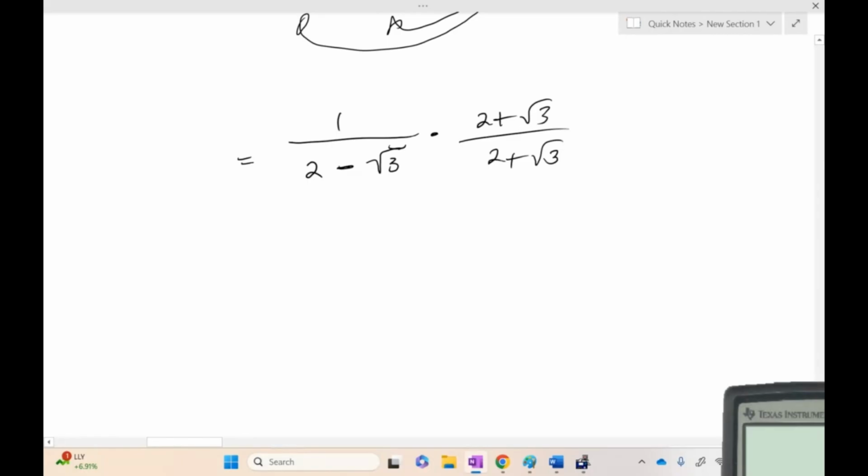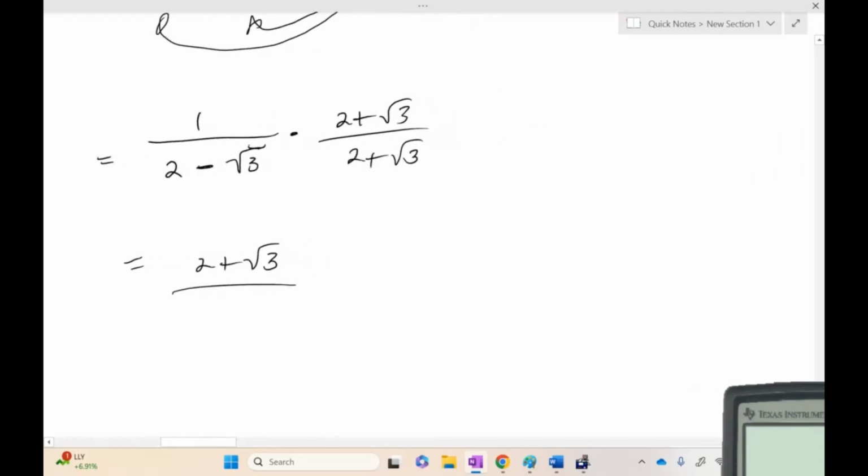And then if I multiply my numerators, 1 times 2 plus the square root of 3 is 2 plus the square root of 3. And for my denominators, a plus b times a minus b, that's equal to a squared minus b squared. So that's what I have in the denominator, the sum and the difference.